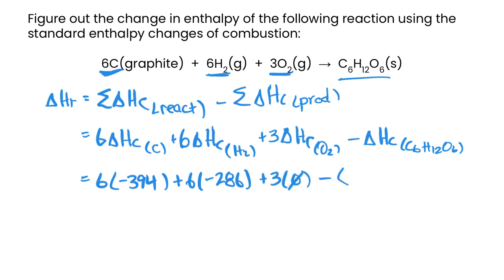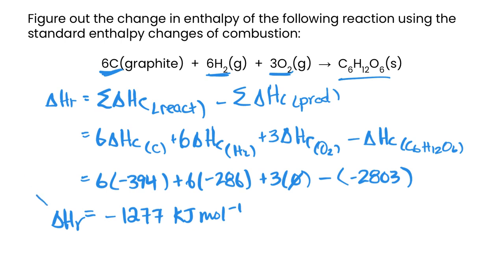And for glucose, it's negative 2803. If we do this calculation, we come out with negative 1,277 kilojoules per mole. So the delta H of reaction for this reaction using the enthalpy changes of combustion is negative 1277 kilojoules per mole. So that's it for this video. We'll see you in the next one.